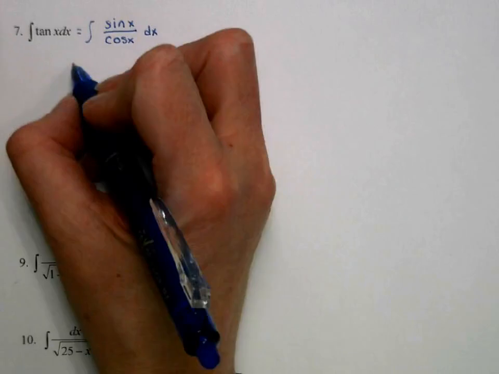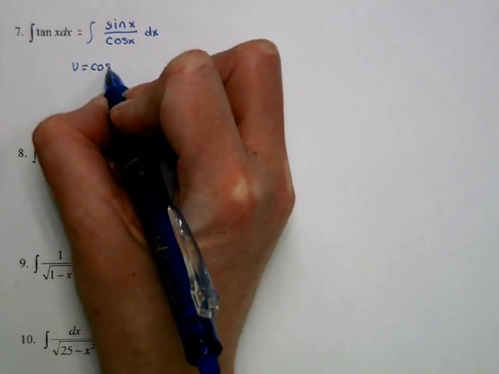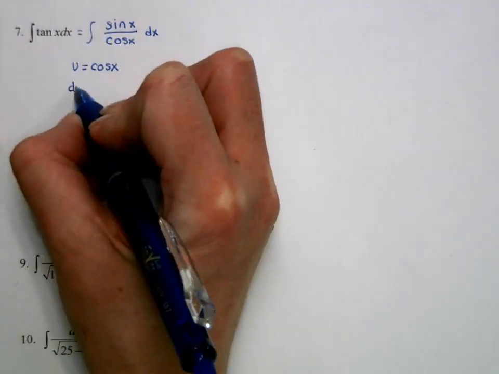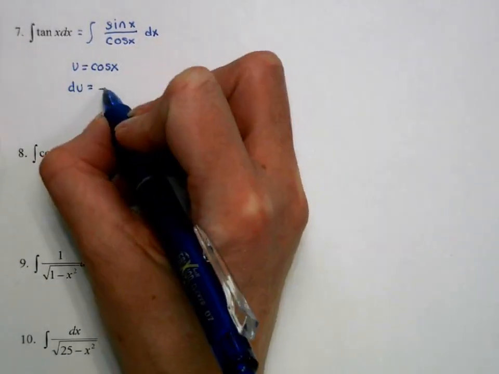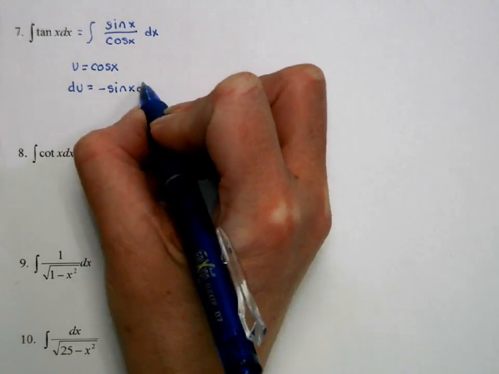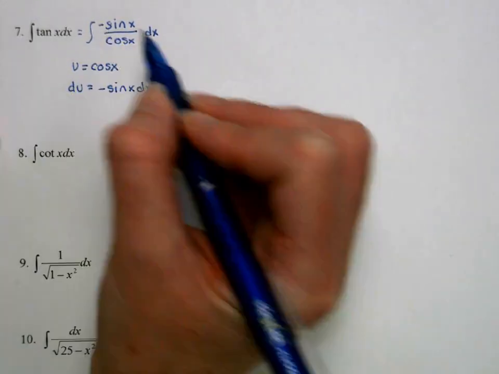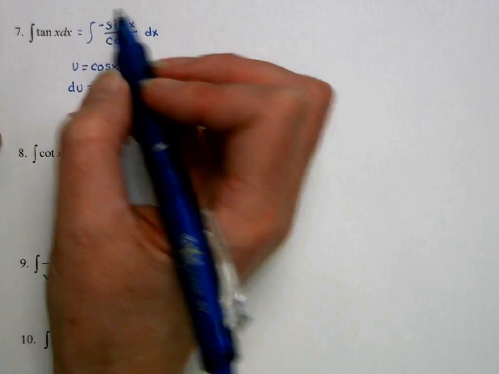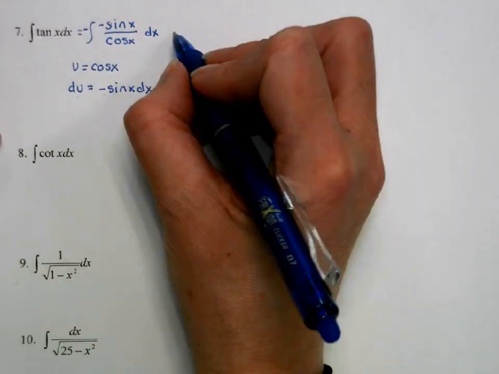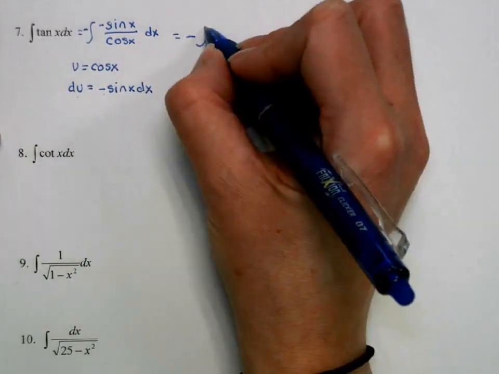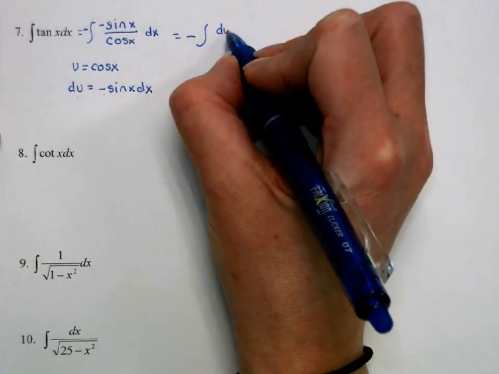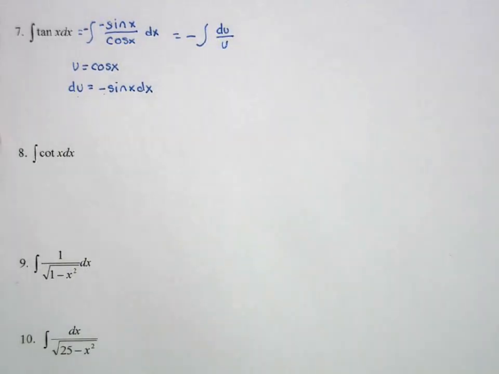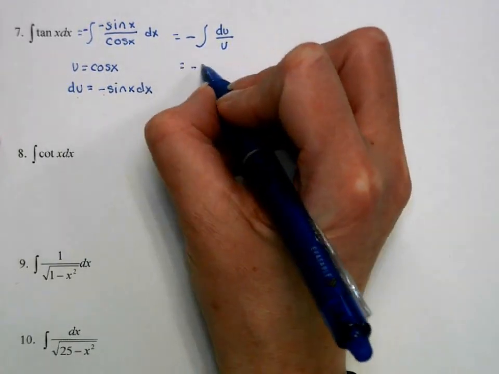So I'm going to let u equal that denominator, which is cosine, which means du is negative sine of x dx. So I'll sneak a negative in there so I can replace that with the du, but I'm going to undo that here. And just like that, we're back to natural log.